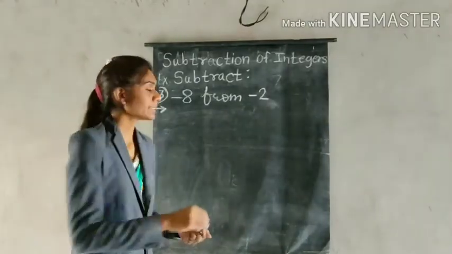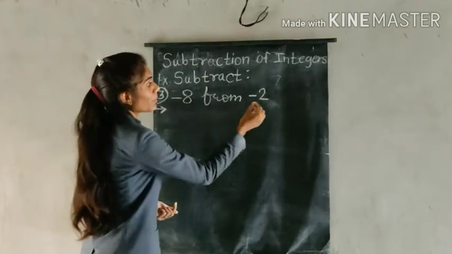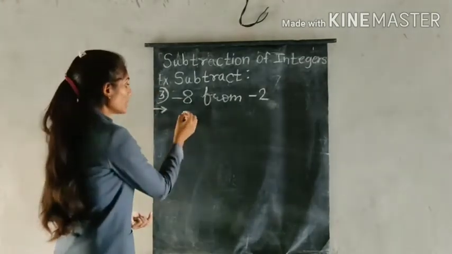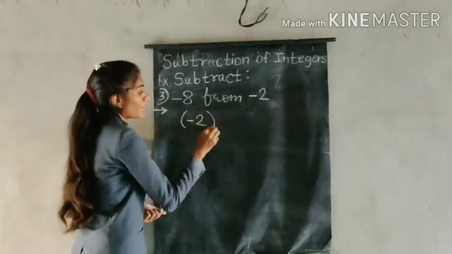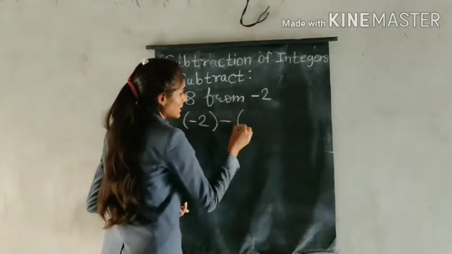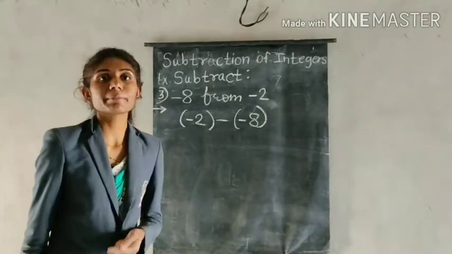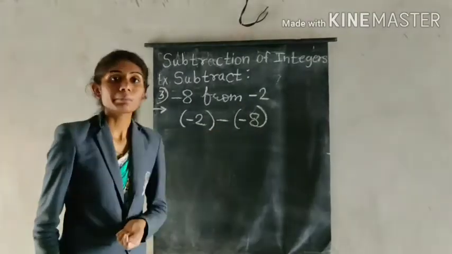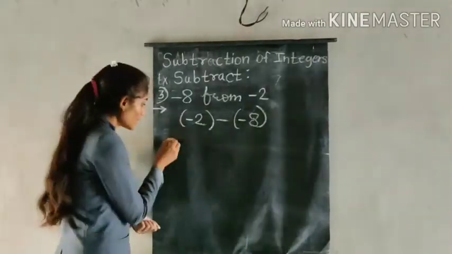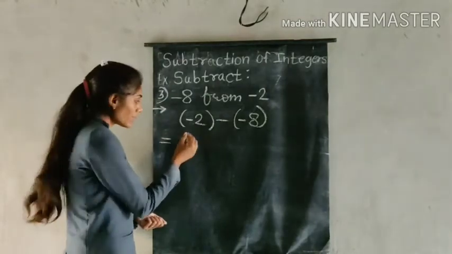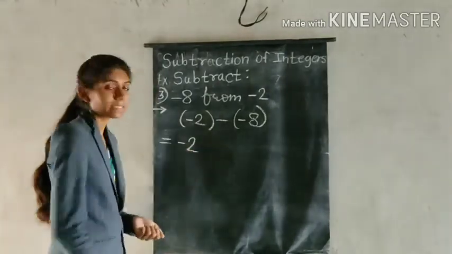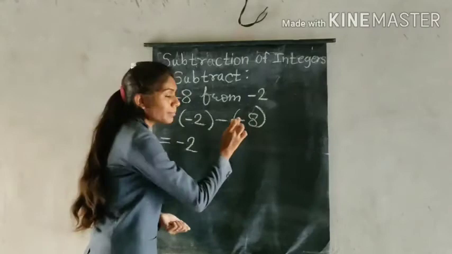The example is subtract -8 from -2. So we need to write -2 minus -8. First step, we take them in brackets and separate with the minus sign. Now, the next step is the first number will be as it is, change the second number's sign.